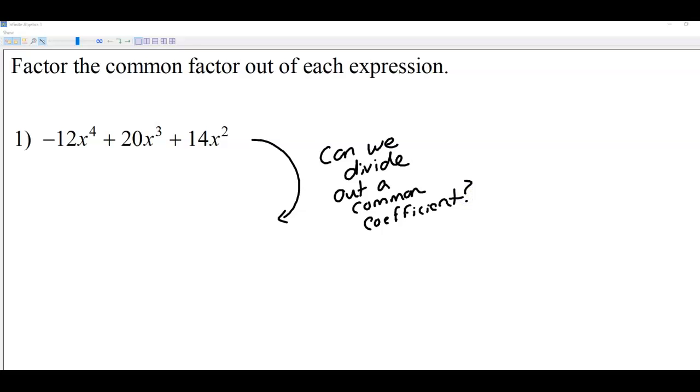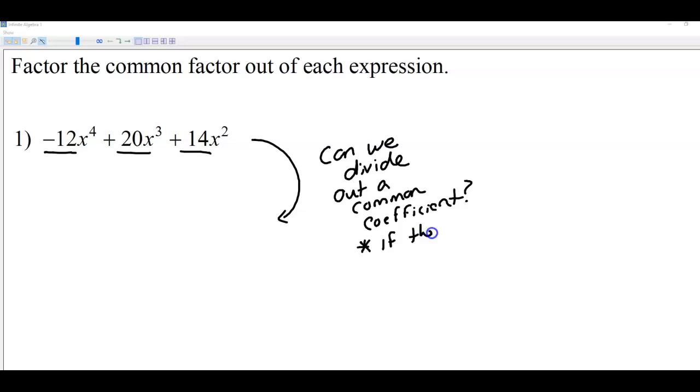Taking a look at 12, 20, and 14, the coefficients, what's the biggest number that goes into all 3 of those? 2, right? So I could take out a 2. Now, here's another little note for you.